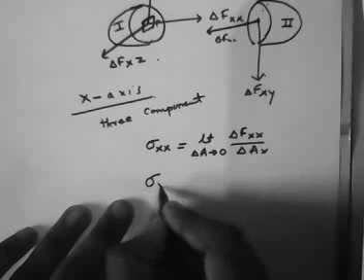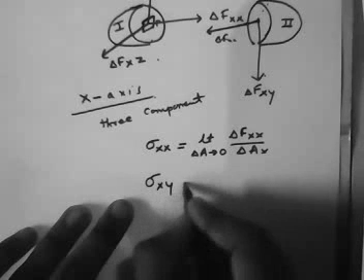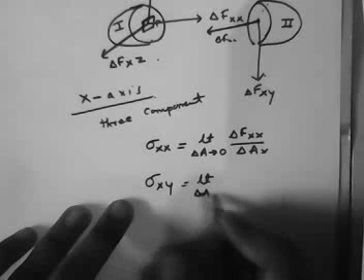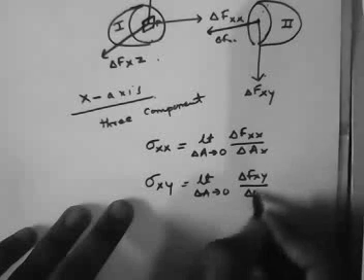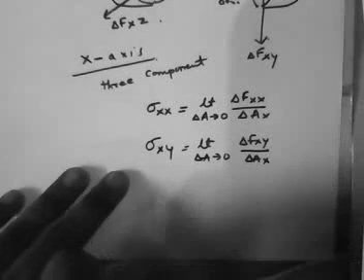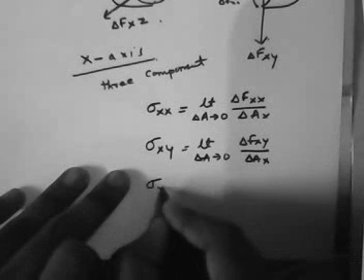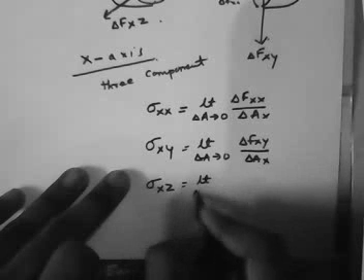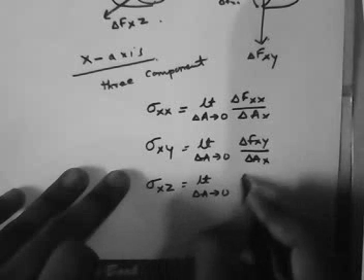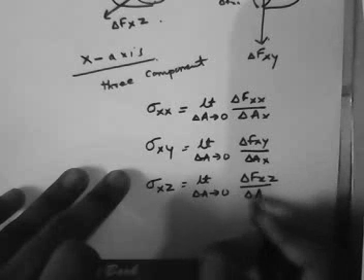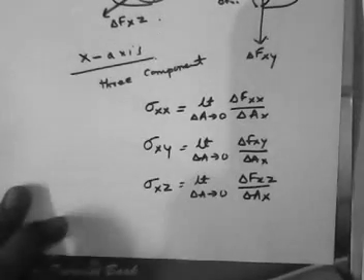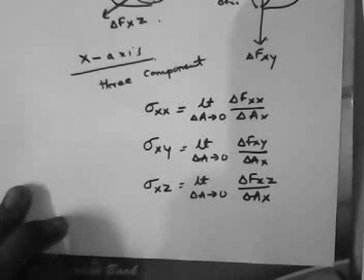Another component you can consider is sigma xy, that is limit delta A tends to 0 of delta Fxy by delta Ax. Another component is sigma xz, that is limit delta A tends to 0 of delta Fxz by delta Ax.